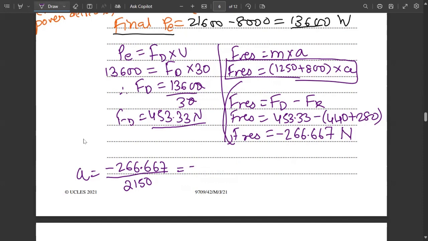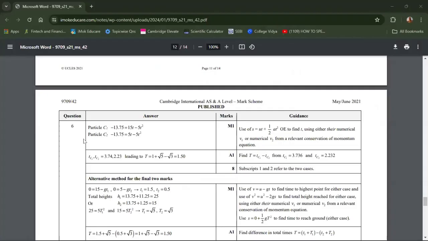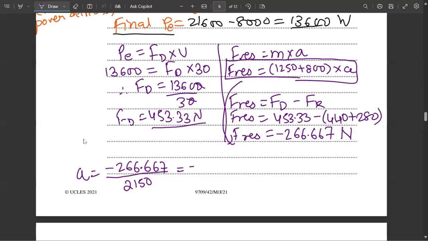Let me put that in the calculator again, minus 1.224 into 3.6 minus 8. Okay, so the acceleration is minus 0.124 meter per second square. Now we'll go ahead.